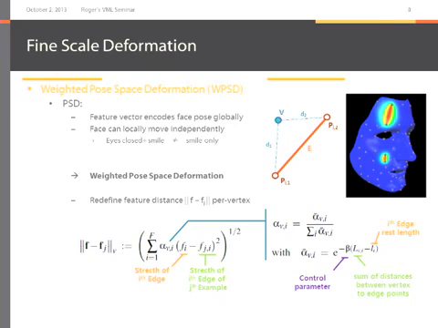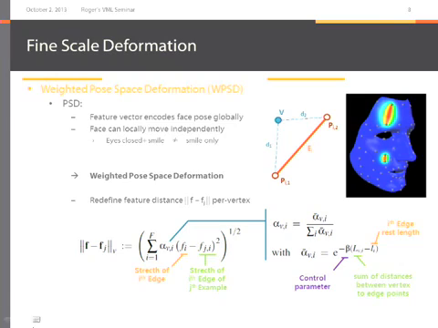So this alpha bi is weighted. For example, if a vertex is on the edge, this weight will be 1. As the vertex gets away from the edge, then the weight somehow diminishes. So basically the effect of a specific stretch will only affect the vertices that are close to this area.